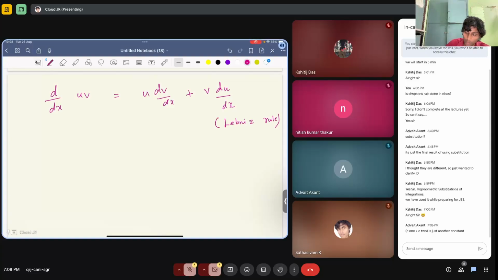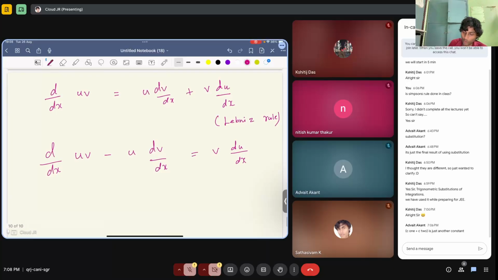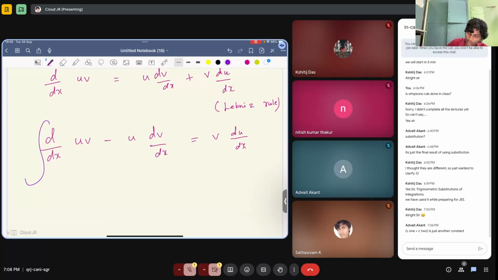This is an interesting formula, but what we are going to do is modify it a little bit. We take this term to the other side. So you have integral d by dx of uv minus u dv by dx is nothing but v du by dx, right? Now we integrate on both sides.